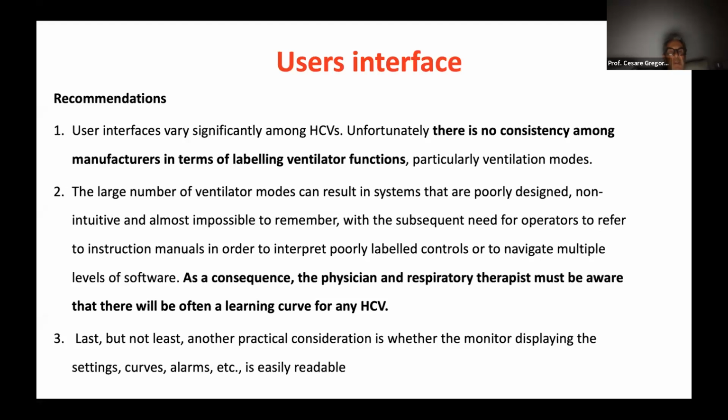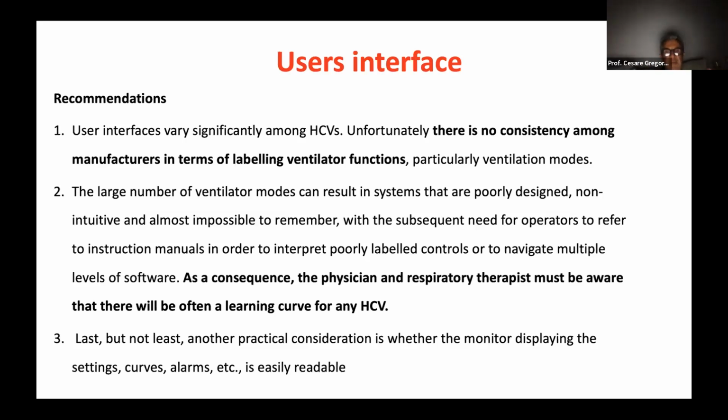The larger number of ventilator modes can result in systems that are poorly designed, non-intuitive, and almost impossible to remember, with a subsequent need for the operator to browse and refer to instruction manuals in order to interpret poorly labeled controls or to navigate multiple levels of software.